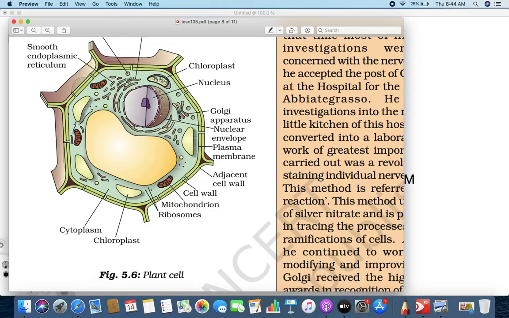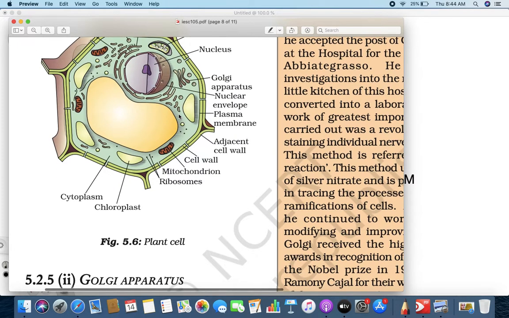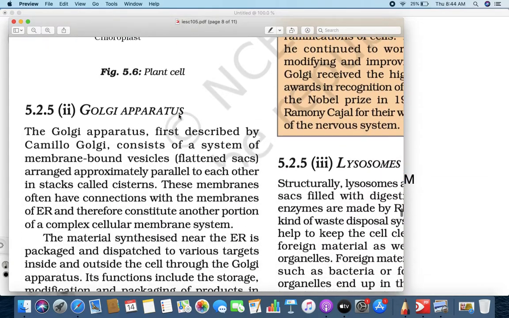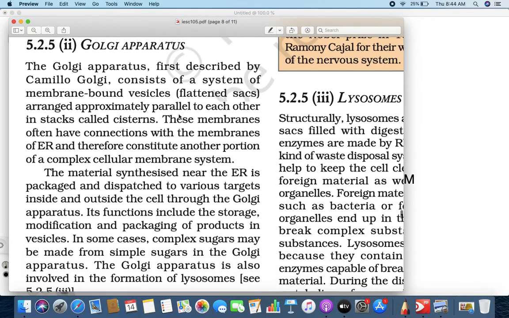Now whatever is produced by the endoplasmic reticulum, like protein or fat molecules or lipids, those are being transported. Now the endoplasmic reticulum cannot move from there. So what they do, they give these things to the Golgi apparatus. The Golgi apparatus packs them, right? This material is synthesized in the endoplasmic reticulum and dispatched and packed by the Golgi apparatus. So what is the main aim of the Golgi apparatus?